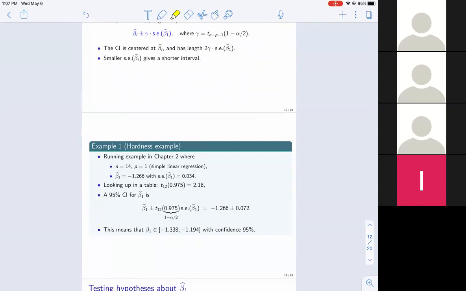But it's a regression problem with sample size n equal to 4 and p equal to 1. So it's a simple regression problem, and we have an intercept in the model. So p plus 1 is going to be 2.